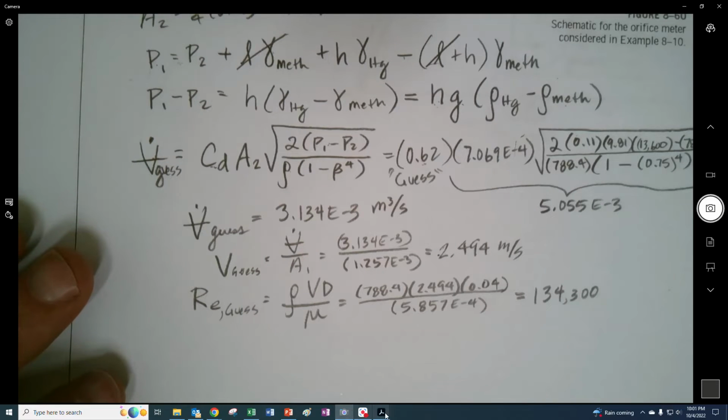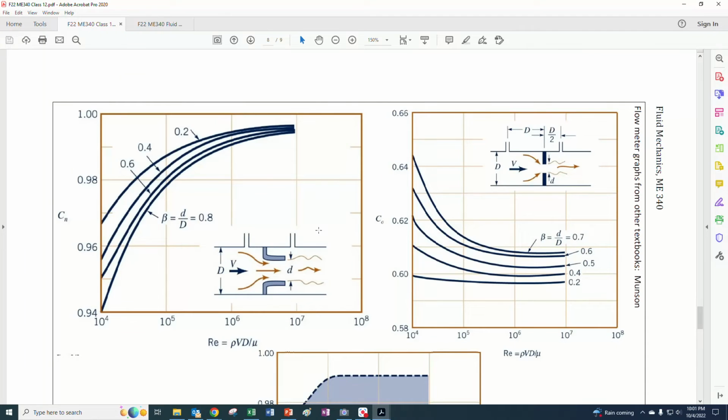We could do this graphically, and I was thinking maybe I would suggest it because I'm looking at how long this problem takes, and I don't want you to suffer too much through the hand calculations. One little trick you could take is log to the base 10 of that value, because this is a log scale right there. So if you take 134,300 and take the log base 10, you get 5.128, right?